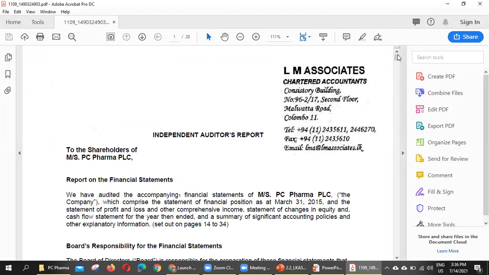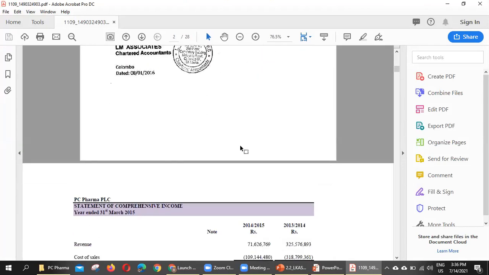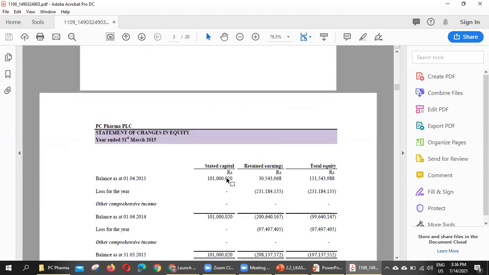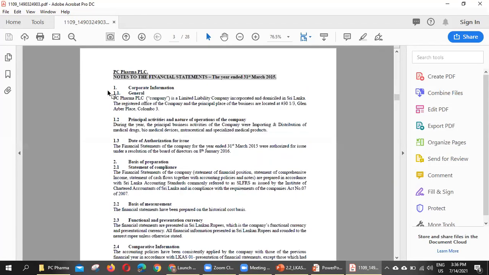So this is the annual financial statement. So this is the statement of comprehensive income. You can find the term "Note", right? So they have numbers. So when you look at the number 5, that is relevant to other income. So it's a note, right?